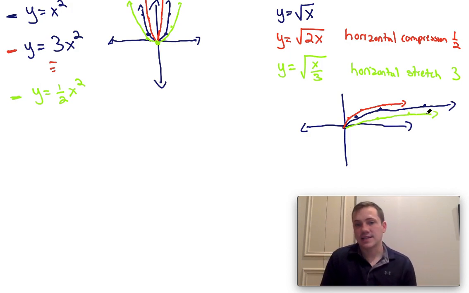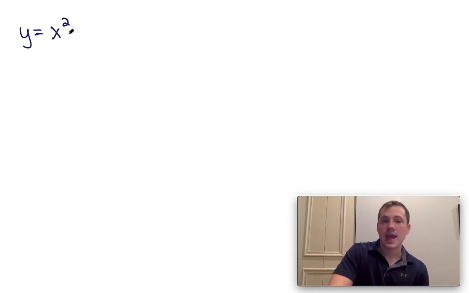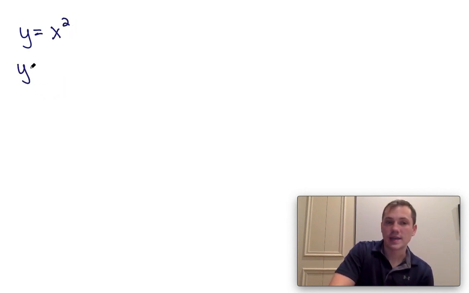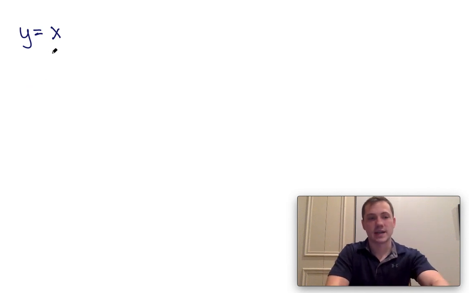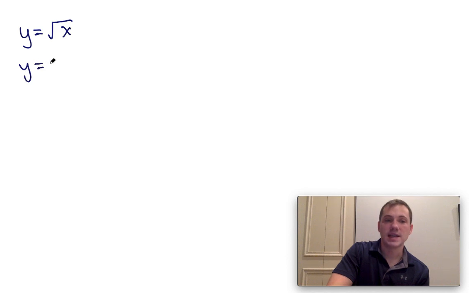And then finally, the last thing you really have to deal with are negatives. So if I have my parent function as y equals the square root of x, and I turn that into y equals the negative square root of x.